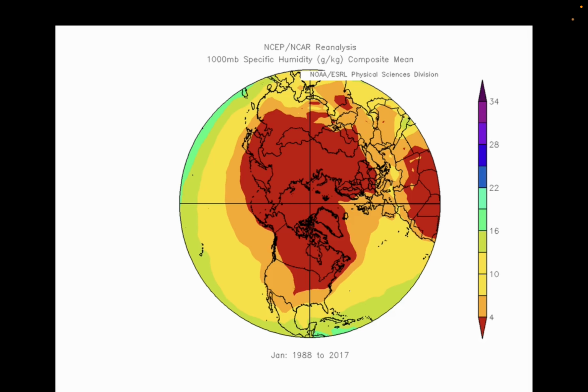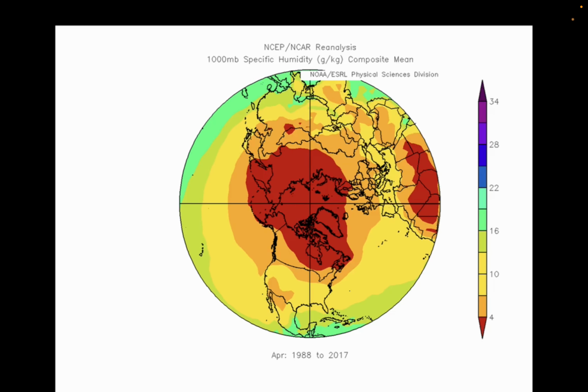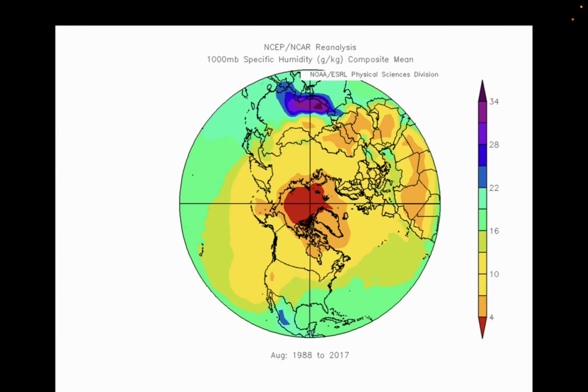The air is typically dry across many places in the northern hemisphere, while it gets better in February, March, April, and then we have the highest specific humidity typically recorded in many parts of the world in July, right?